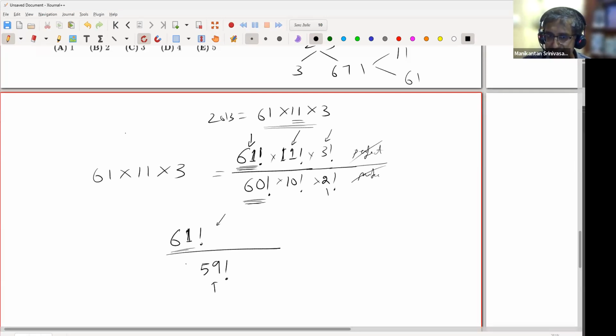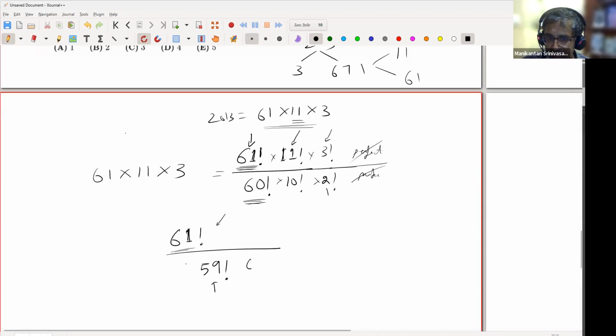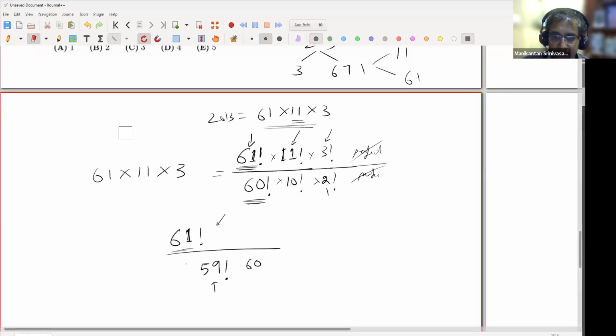But can that 60 cancel off with something else? This 60 does not need to be explicitly there as 60 factorial. So I can have 60 as what? 5 times, let's say 12 times 5 or something, doesn't matter. So 12 times 5. 12 times 5 is 60.